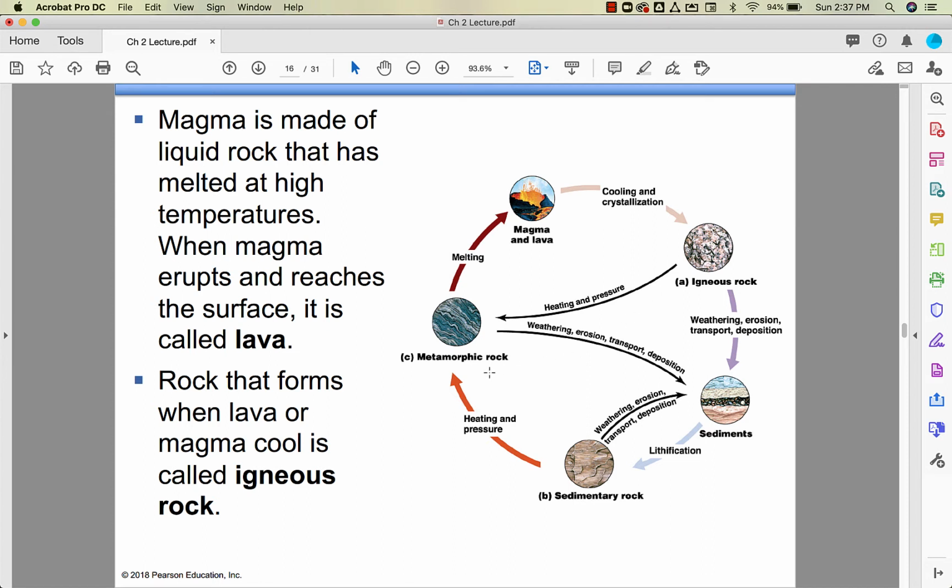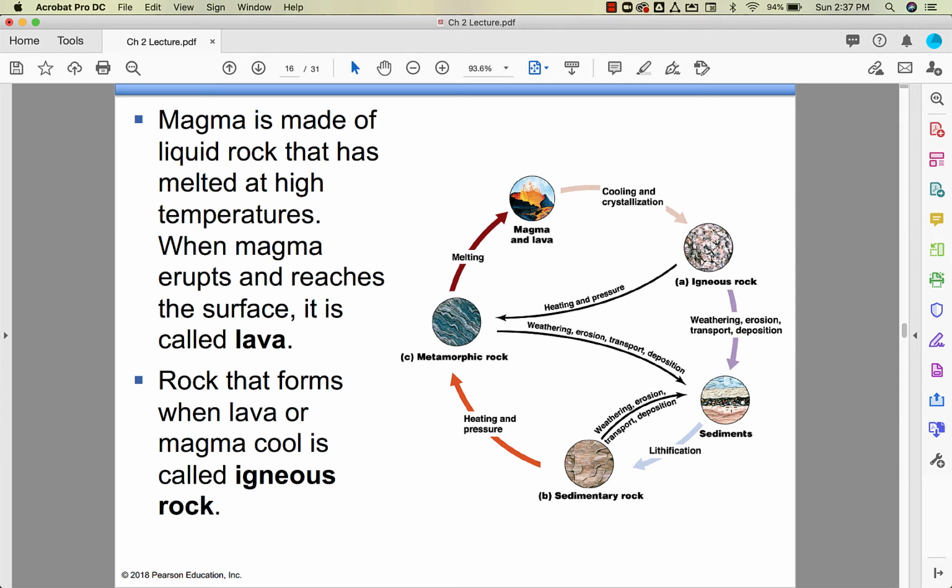Okay. If you weather, erode, transport, and deposit, so if rain and snow and wind break any kind of rock down into smaller pieces, right, and it gets transported, picked up by water is one of the main modes of transportation for these little pieces, these sediments. Okay, here they are. And they get laid down somewhere.